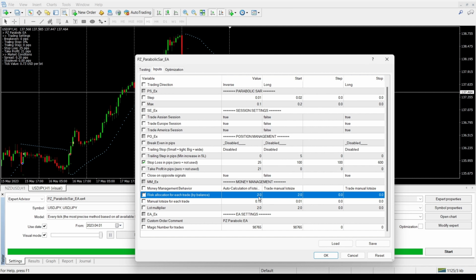If you set this at 1%, depending on your account balance, it may start at 0.01, and as the account doubles and grows, it's going to increase it to 0.02, 0.03, and it's going to go at 1%. That's literally like a little savings account that you can just set and forget.